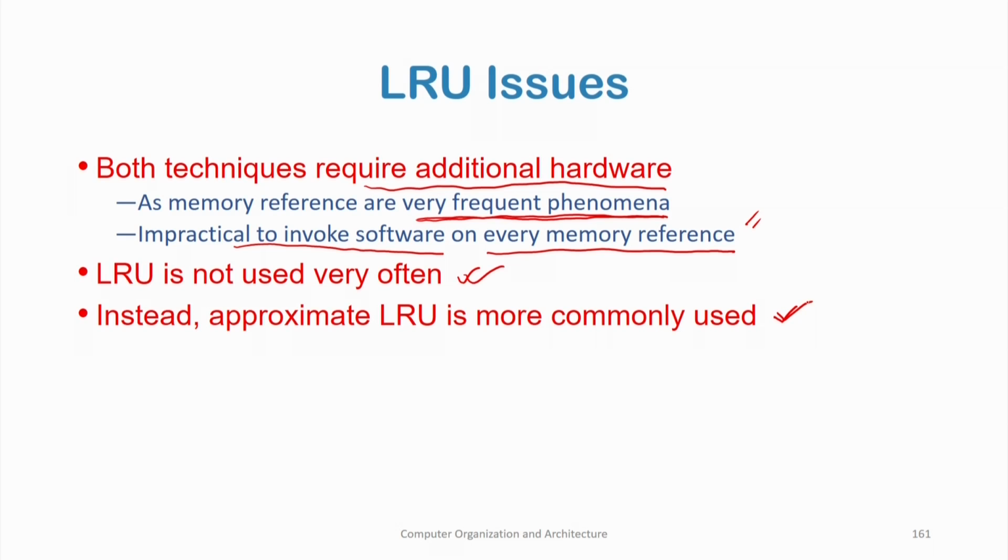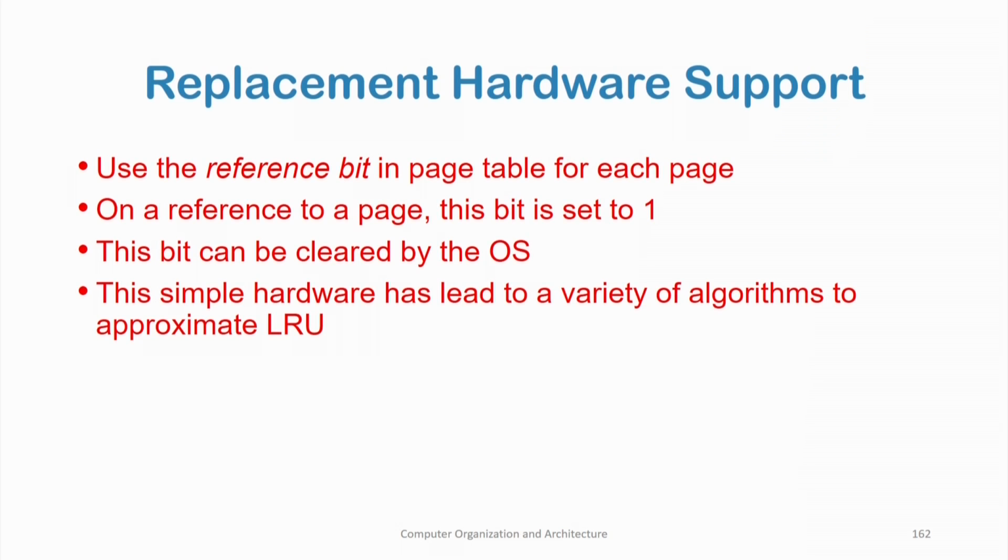We use an approximate LRU. So, the first way to approximate LRU is the use of the reference bit, which we have already studied earlier. That reference bit tells me whether I have referenced a page within a given epoch of time. In the page table, I have a reference bit for each page.